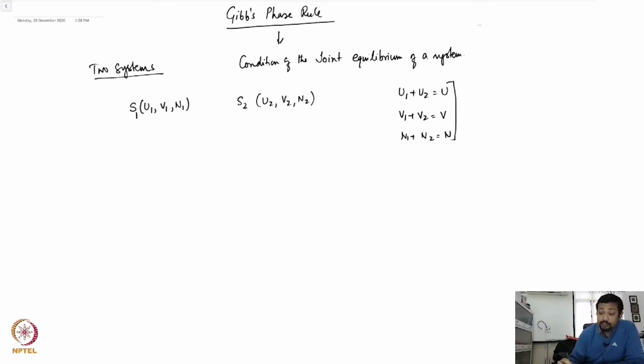Alternatively, you can imagine that I have a system, let's say a gas, which has U, V and N, described by this fundamental relation. I can partition it into two subsystems such that they have entropies S1 and S2 as we have written now.